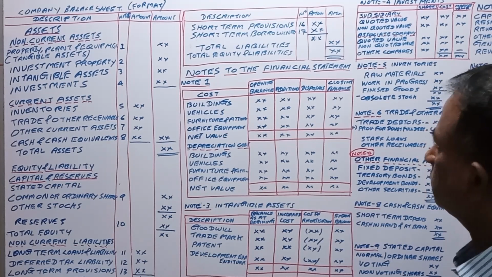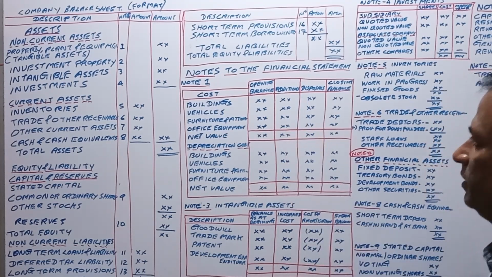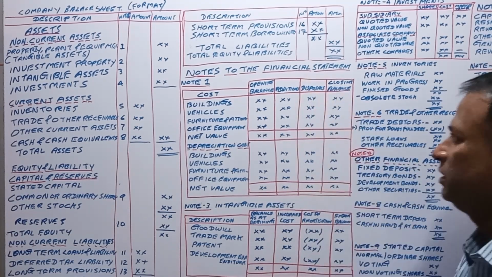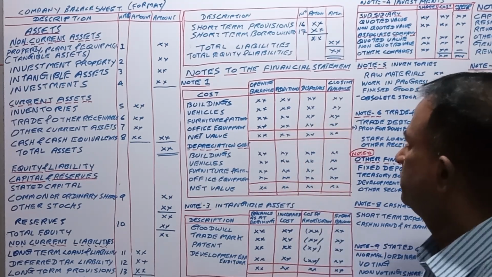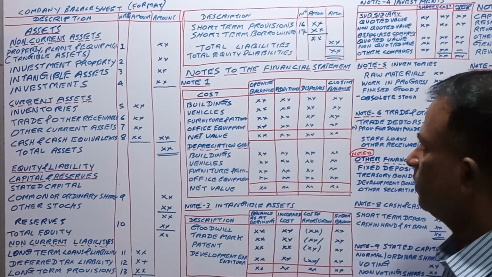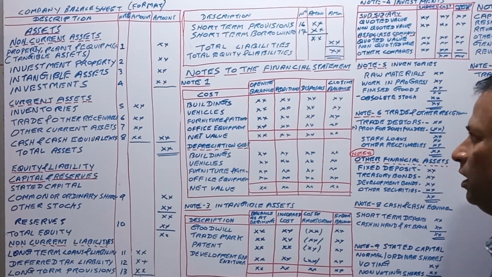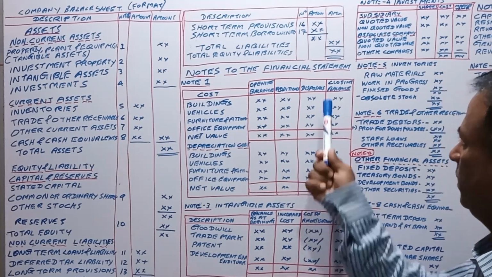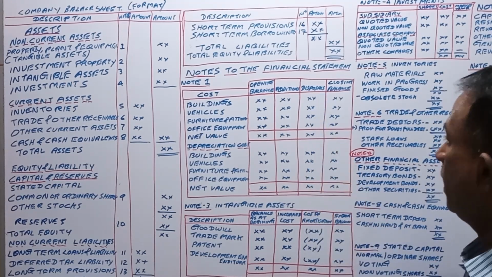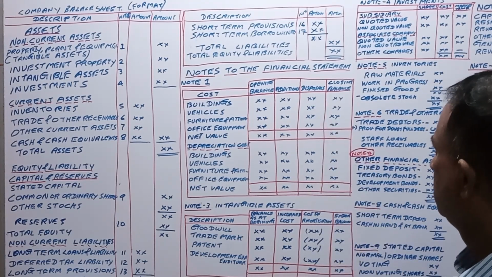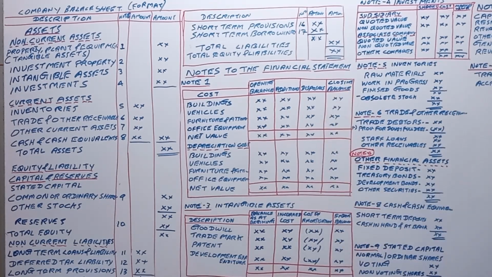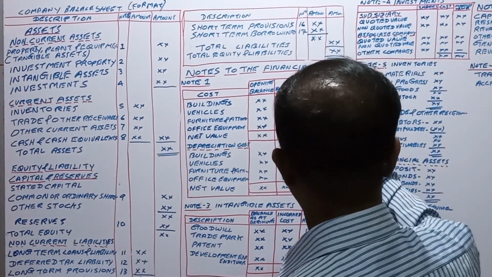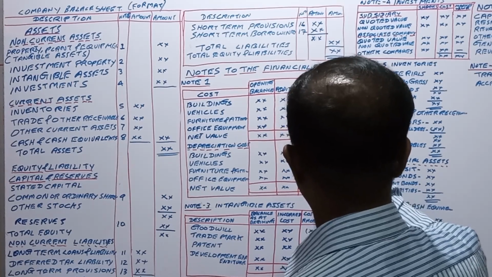Thereafter, whatever additions, whatever purchases we have made during the year, we put inside the additions, right? And disposals, whatever assets we have sold, properties and plants sold, have to be mentioned here, disposals. And the closing balance, right?